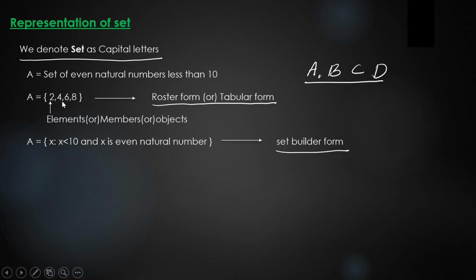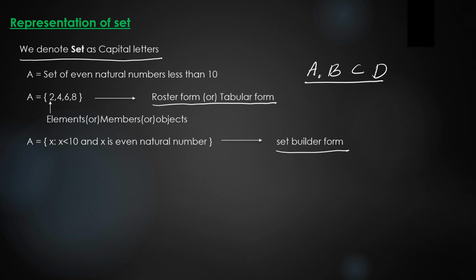These numbers or objects or elements or members placed between the curly braces are called roster form. And in the second one, A is equal to {x : x is less than 10 and x is an even natural number}. Here x is less than 10 and the condition is that x is an even natural number.